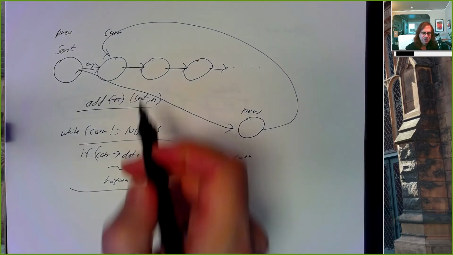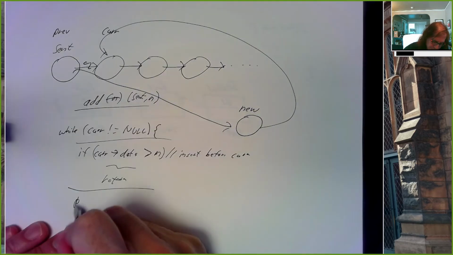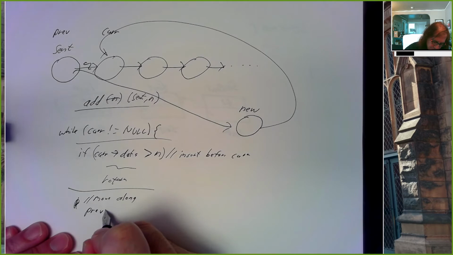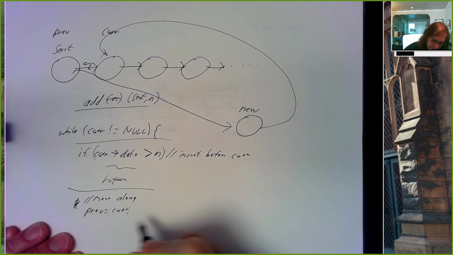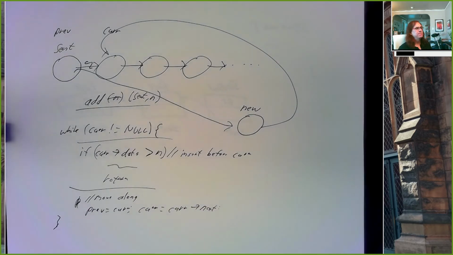Otherwise, if this node is smaller than the one you're trying to insert, move down one spot. So move along. Set previous equal to current, set current equal to current next. And go back and try it again.